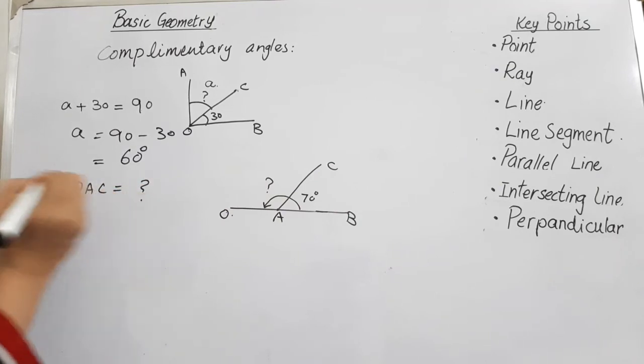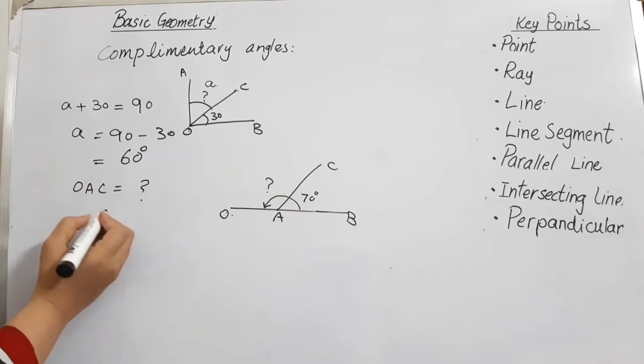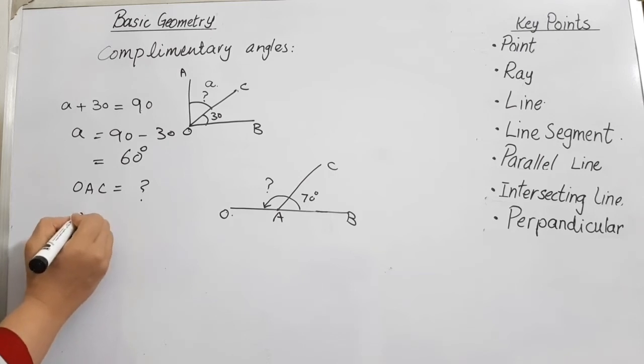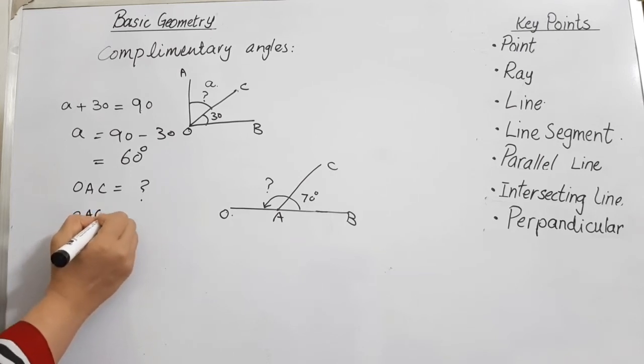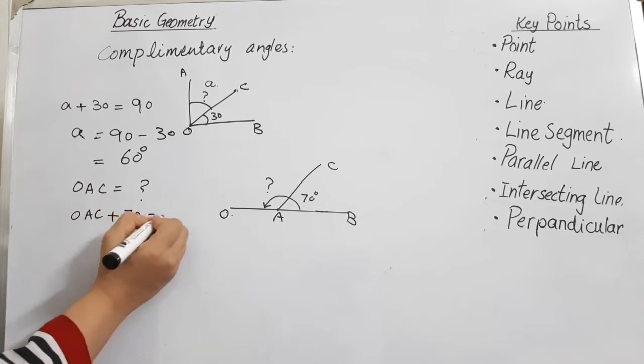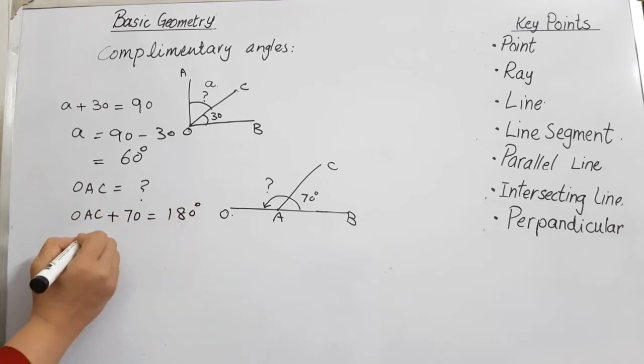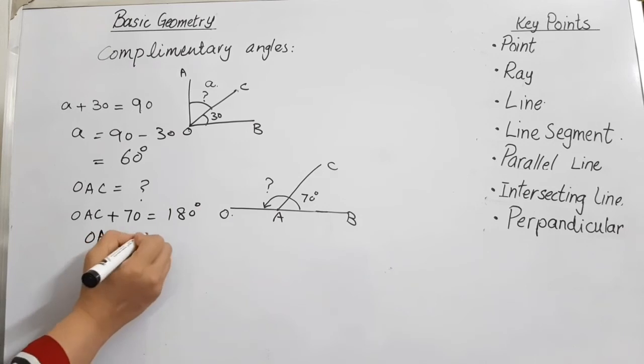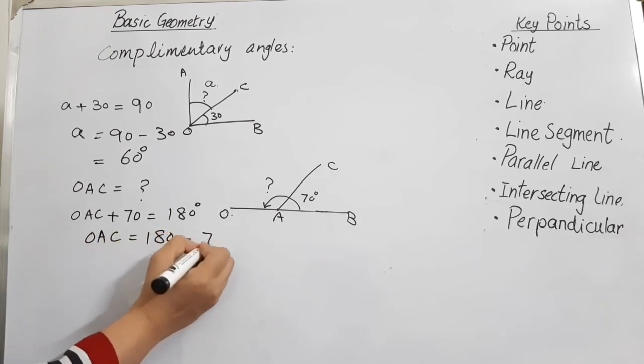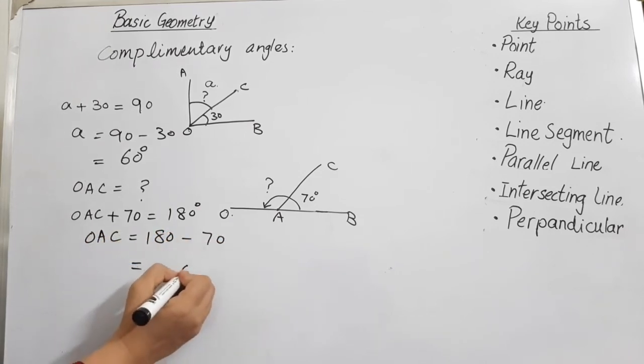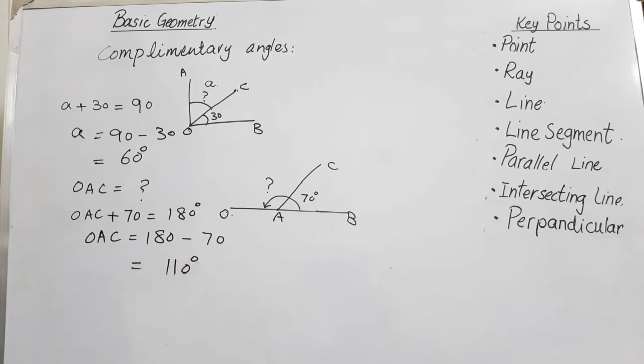It means OAC plus 70 equals 180, and OAC is equal to 180 minus 70, 110 is your angle.